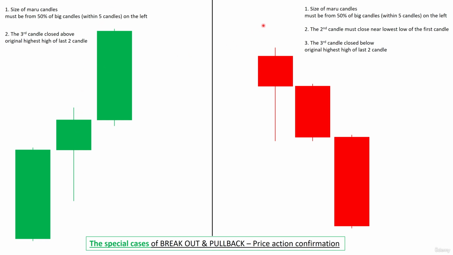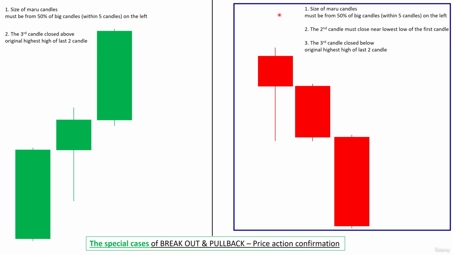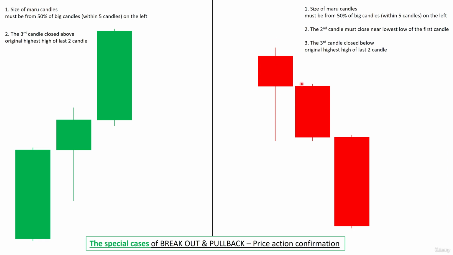And this time we come into the second case right over here. When you see that the first candle is a big pin bar candle on the market, and the second candle is a Maruzi candle that closes very near the lowest low of the pin bar candle, right? We already learned that inside the pin bar candle we have selling pressure and buying pressure, right?